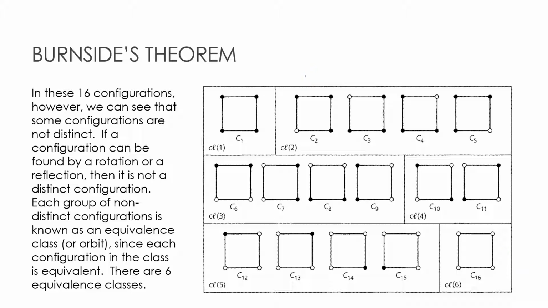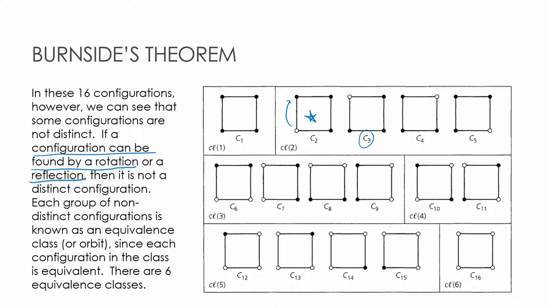Now what I wanted to do then is to say, let's group like things together. And when I say like things, I mean that if I can find a configuration by rotating or reflecting, then it's not distinct. So for instance, if I took this guy right here and I just rotated it to the right, then I get this guy.